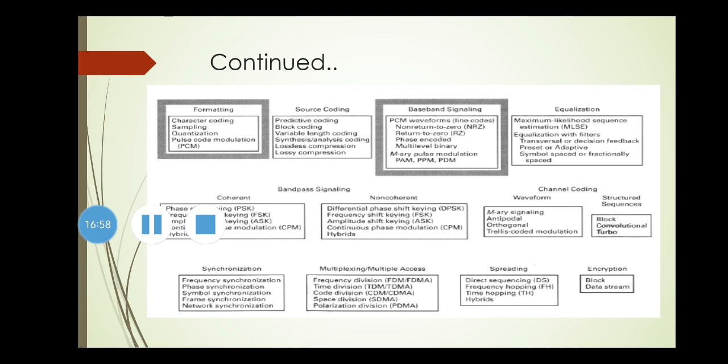One more modulation technique is M-ary pulse modulation or pulse amplitude modulation, which we will concentrate on mainly in baseband signaling. The other sections present here are of importance, but as of now we are going to concentrate on formatting and baseband signaling.